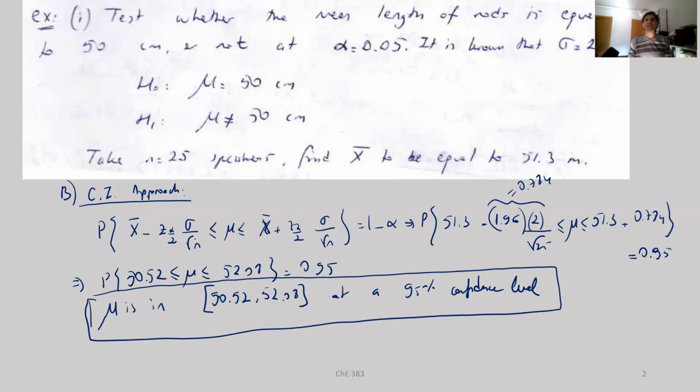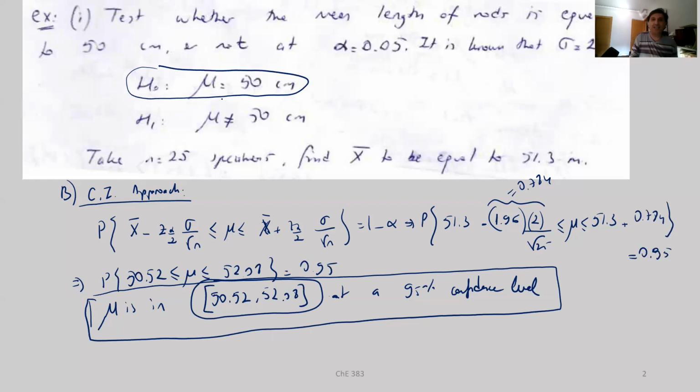Now you may ask, what does the confidence interval approach have to do with the hypothesis test approach? Actually, we can use the interval that we have found for mu to test this hypothesis. And the test is very simple. We test whether the hypothesized mu value lies in this region or not. It does not. Actually, it falls on the left-hand side of this region.